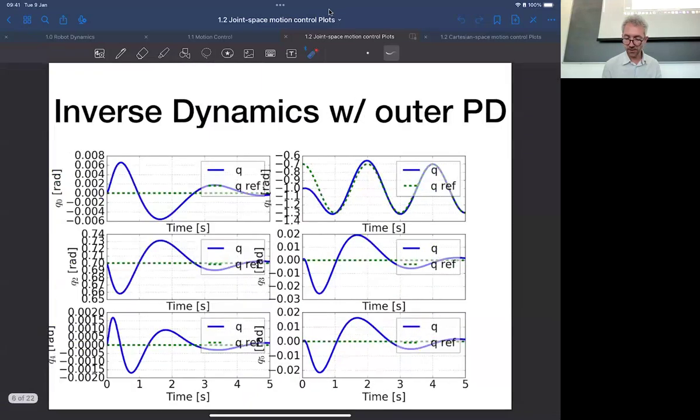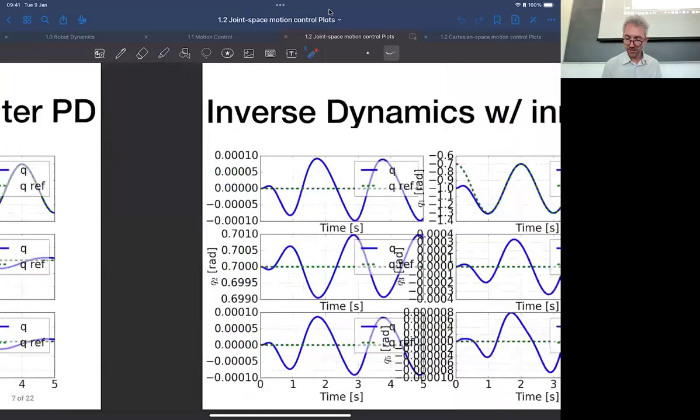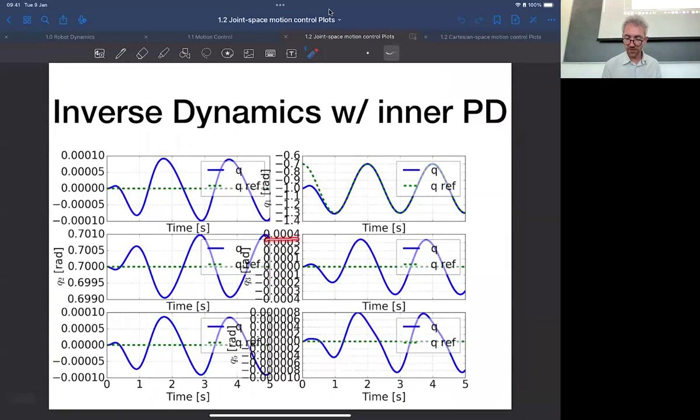Before we had 0.02, now we have 0.0004, so like 100 times smaller. And the scale is that small, more or less, for all the joints. So this is the best in terms of tracking performance.